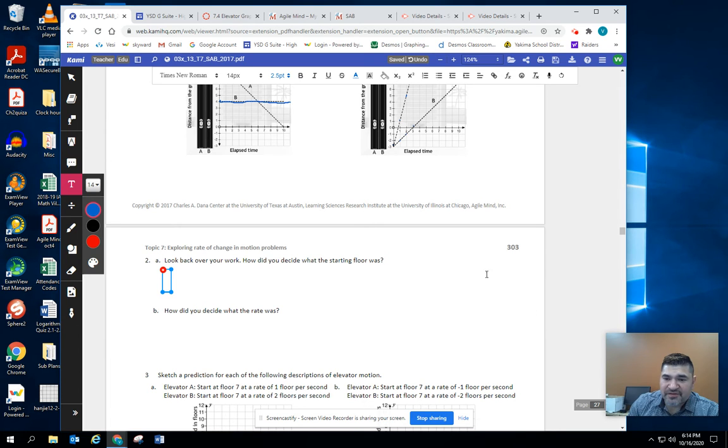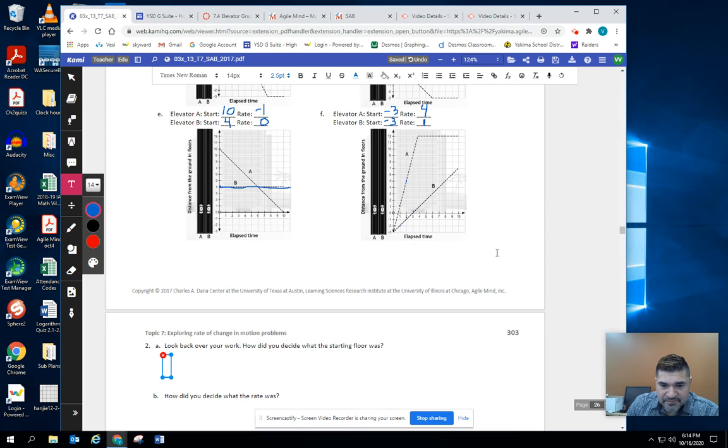You should be looking at the time at time 0. Time 0 is always our start.